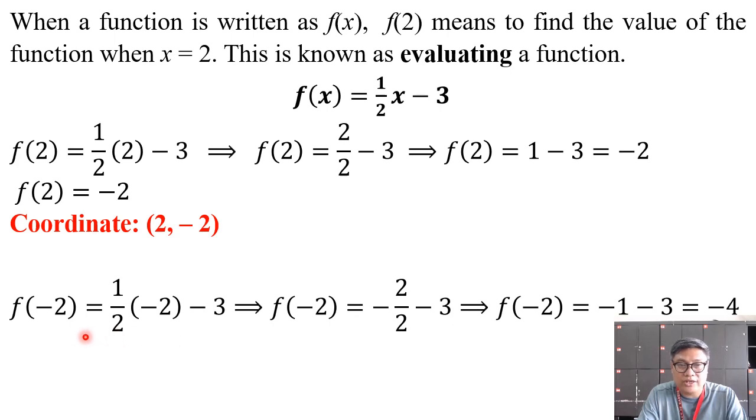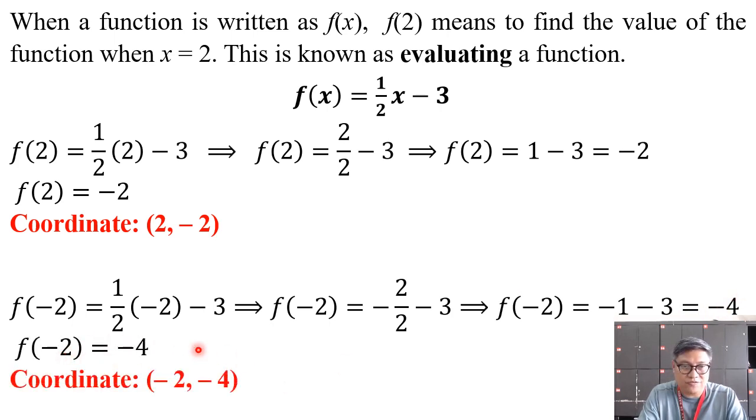So when you input the variable x equals negative 2, the output is negative 4. So therefore, your ordered pair or your coordinate will be negative 2, negative 4, indicating that when the input is negative 2 as your domain, then the output, which is the range, is negative 4.